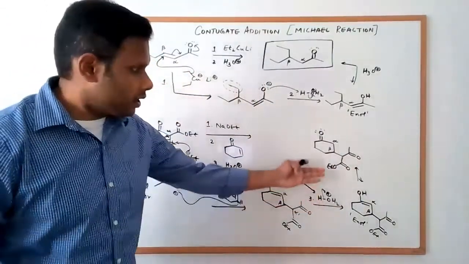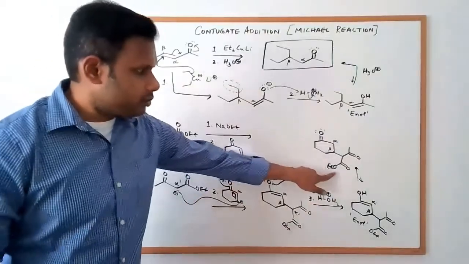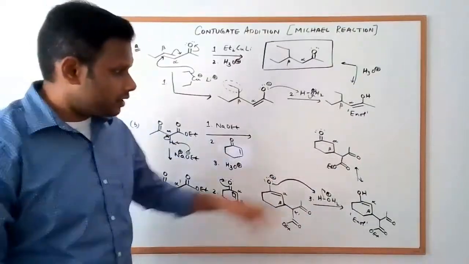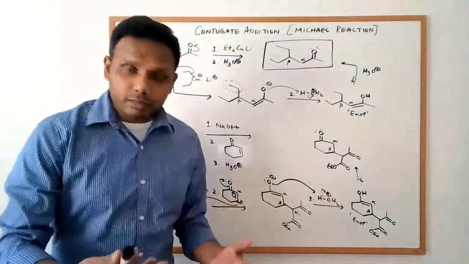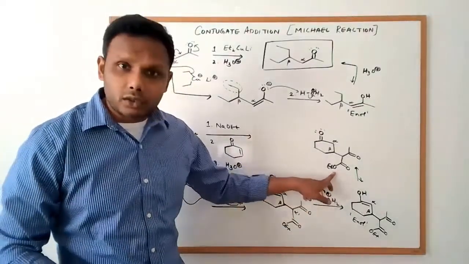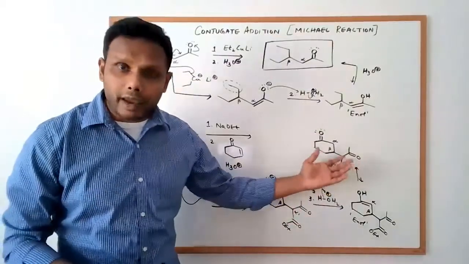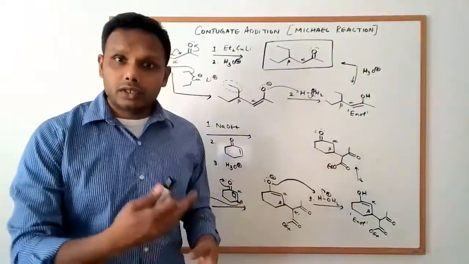And as I mentioned, under these conditions, if the conditions are appropriate, it is possible that your ester would undergo a hydrolysis to give you a carboxylic acid. So that's possible. And there are other possibilities because once it undergoes hydrolysis, if you heat it, what you've made is a beta keto acid, which can undergo a decarboxylation.